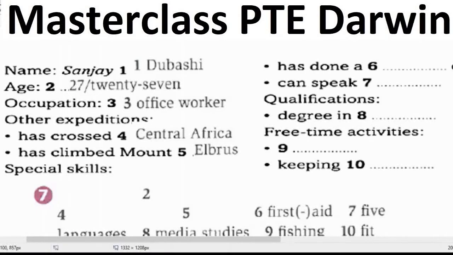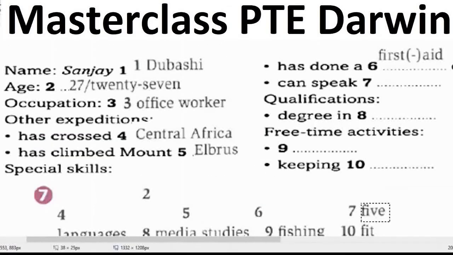Okay. So what were the special qualifications he had? He had training in first aid. First aid you can write as one word or two separate words, because we can write up to 2 words here. And he can speak 5 languages.